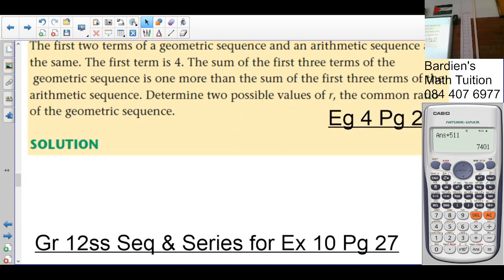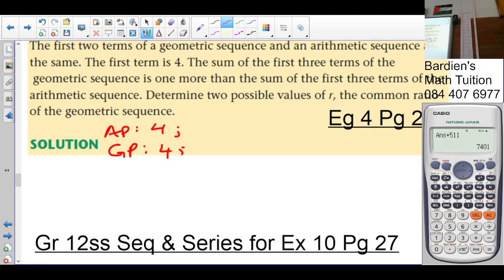Okay, so we got two sequences, we got an AP and a GP, so they're the same. Okay, the first term is 4. So if they're the same, that has to be 4 and 4.